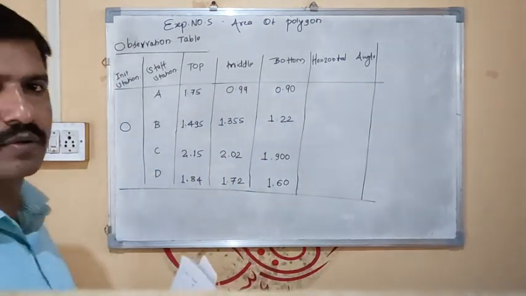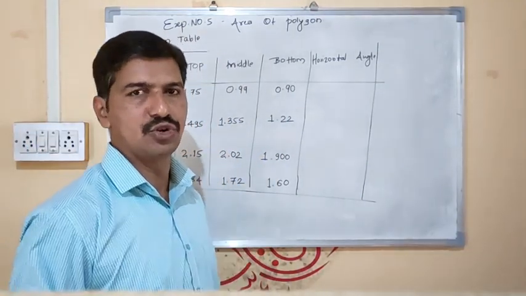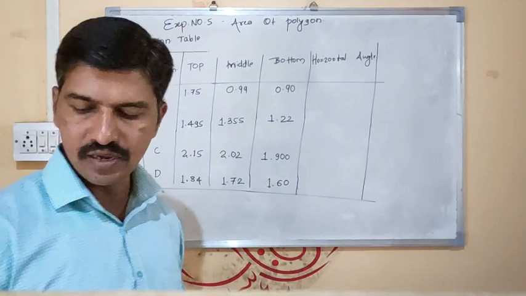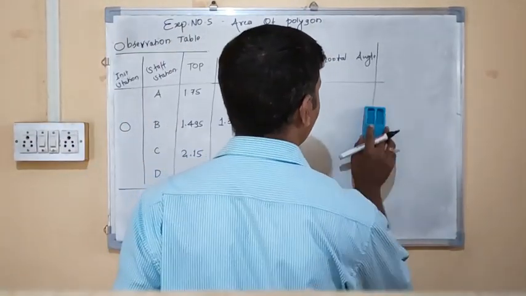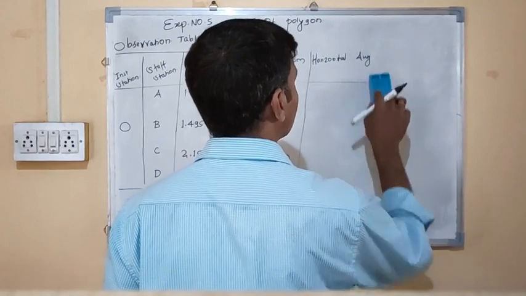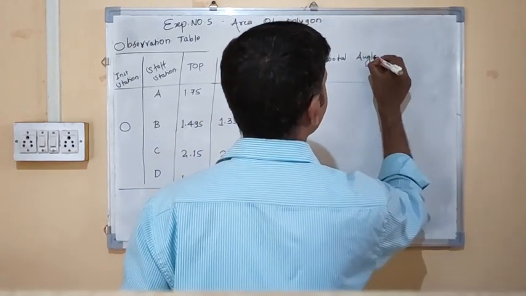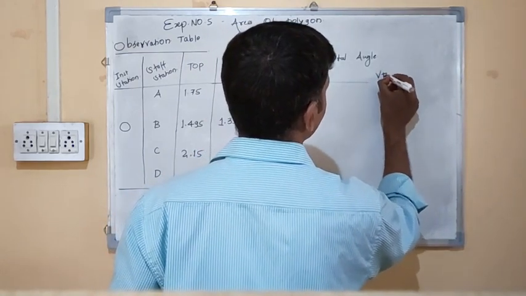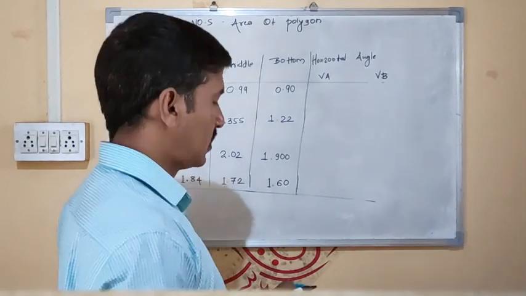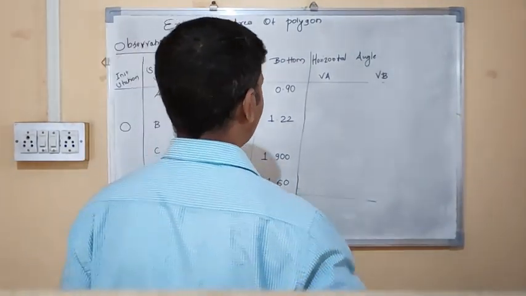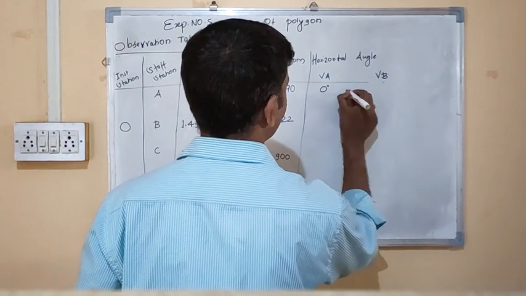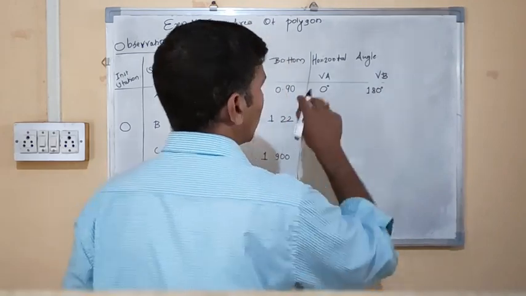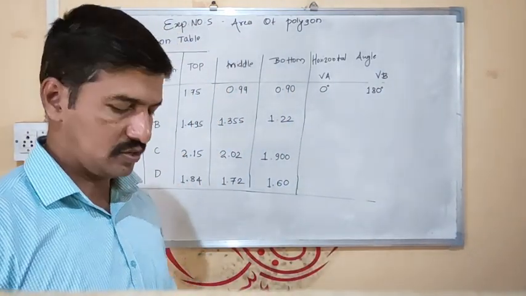Now I have taken the horizontal angle by reiteration. So in the horizontal angle again we have to take vernier A and vernier B. For vernier A, the first reading I have taken as initial reading 0 degrees and 180 degrees, and I have revolved the telescope in a clockwise direction.